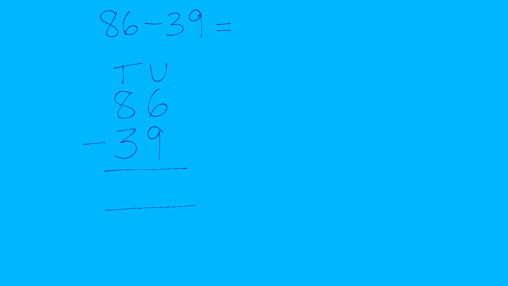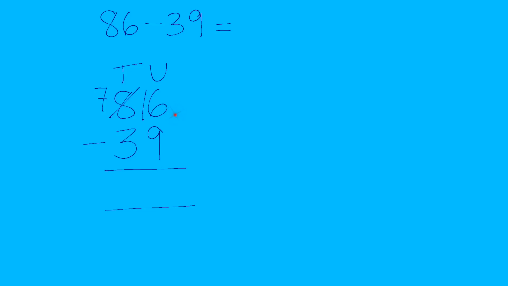Let's try another question. This time we're going to do 86 and we're going to subtract 39. Set it out as usual, and once you've set it out we're ready to start. So we've got 6 subtract 9. We can't do that, so we're going to borrow. We're going to go to the column next to it. 8 tens are going to become 7 tens, and that 10 is going to be given to the units to make 16.